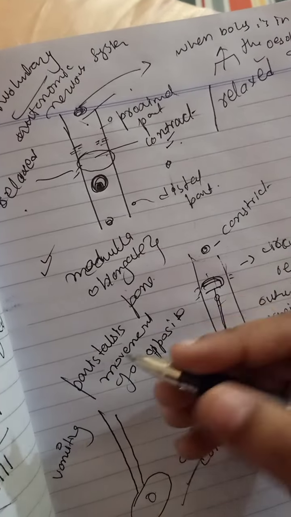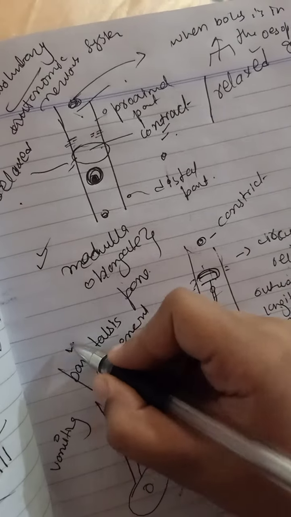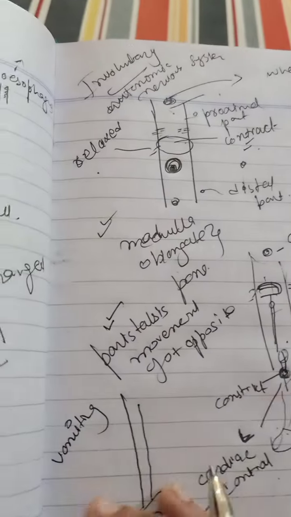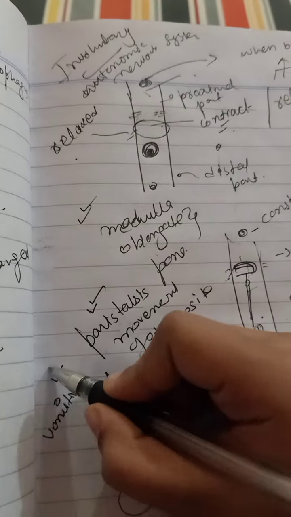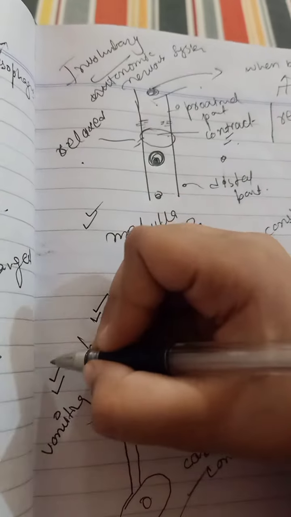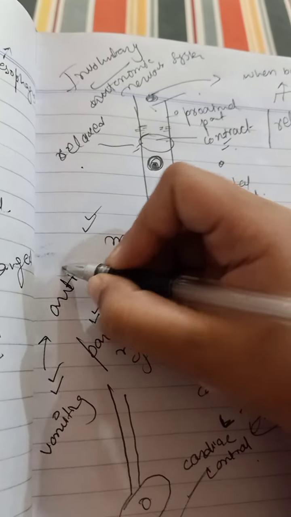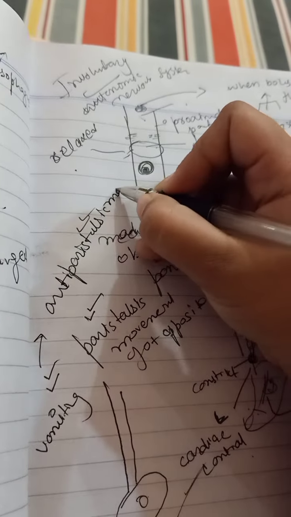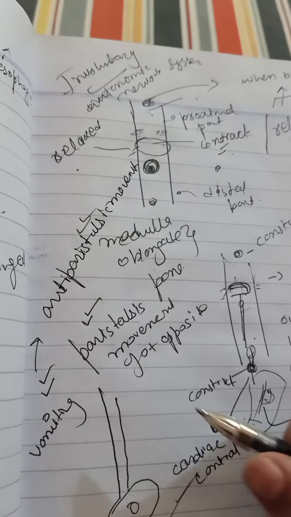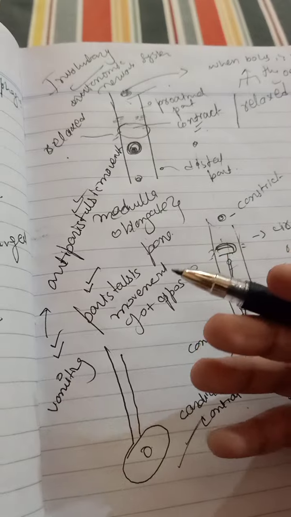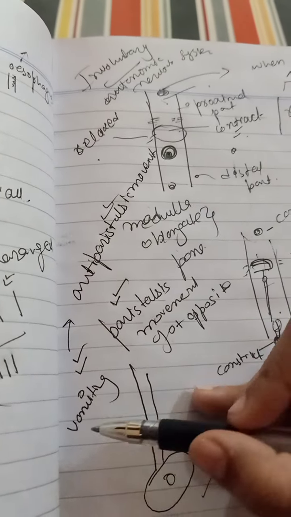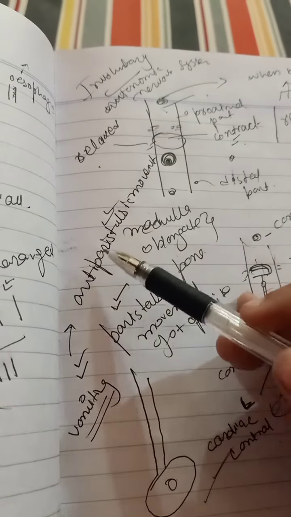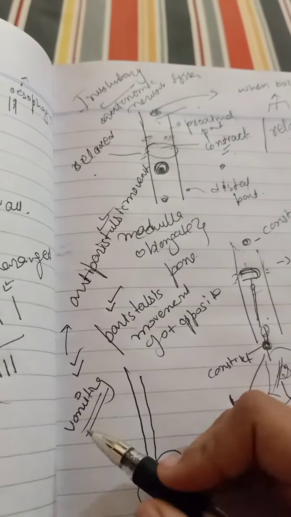This is all because of the antiperistalsis movement, where the movement goes upward. That's why the antiperistalsis movement occurs, and through this the vomiting will occur. So this process is called antiperistalsis. Through this the vomiting got started.